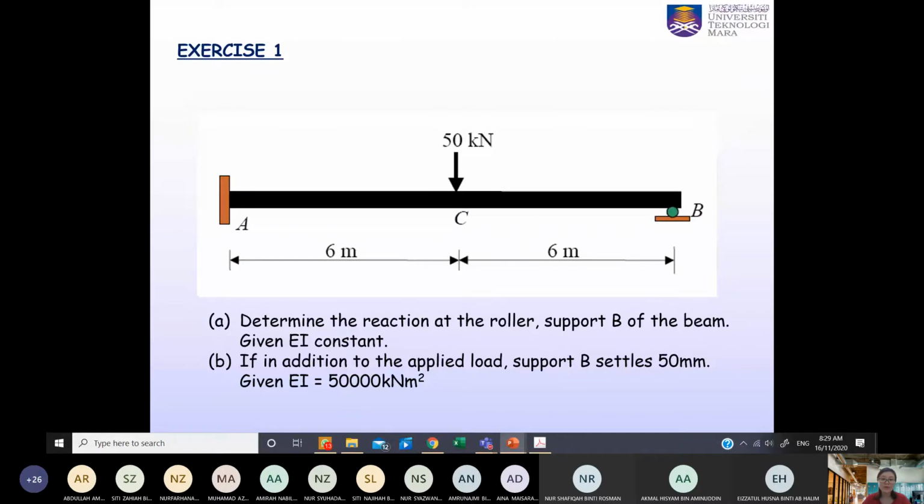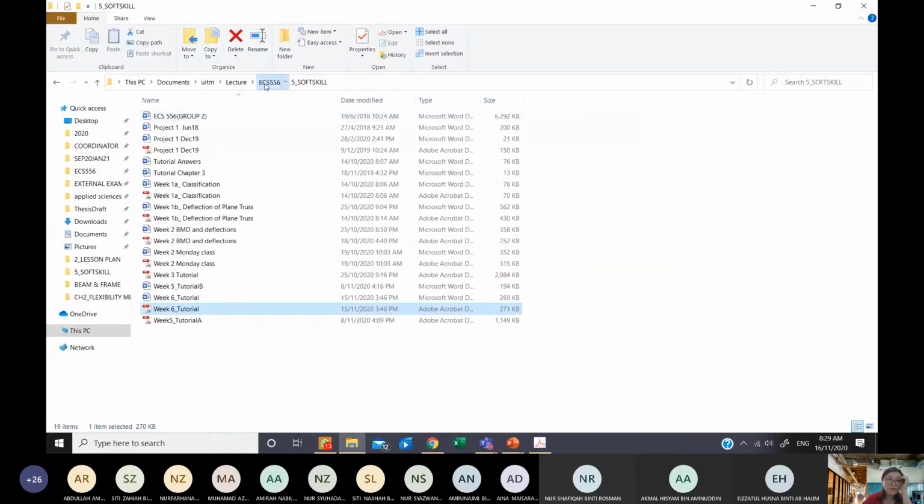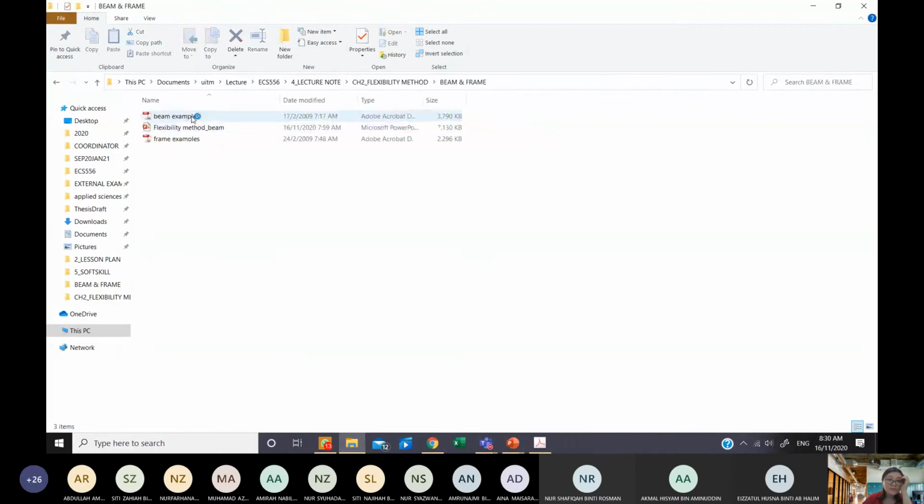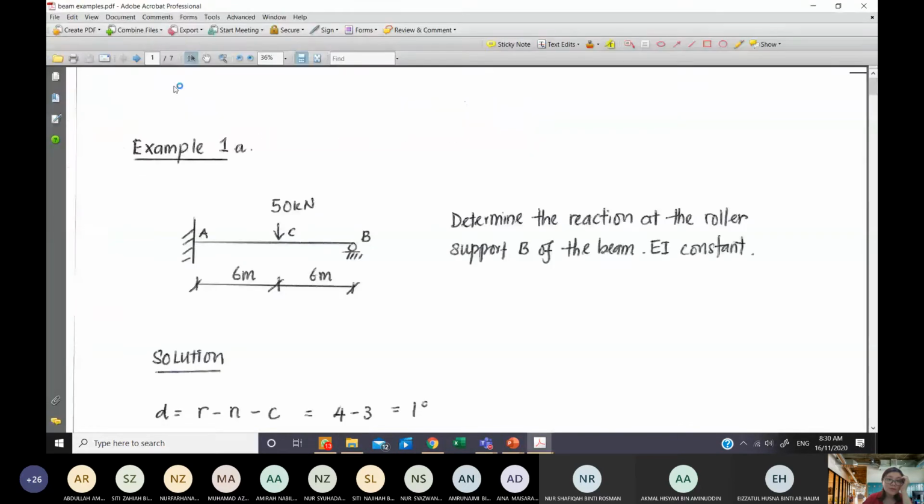We are going to try two examples, example 1 and 2, today, to make sure you have more understanding on how to apply these flexibility methods. You need to open my other notes, the PDF file, which is 7 pages.